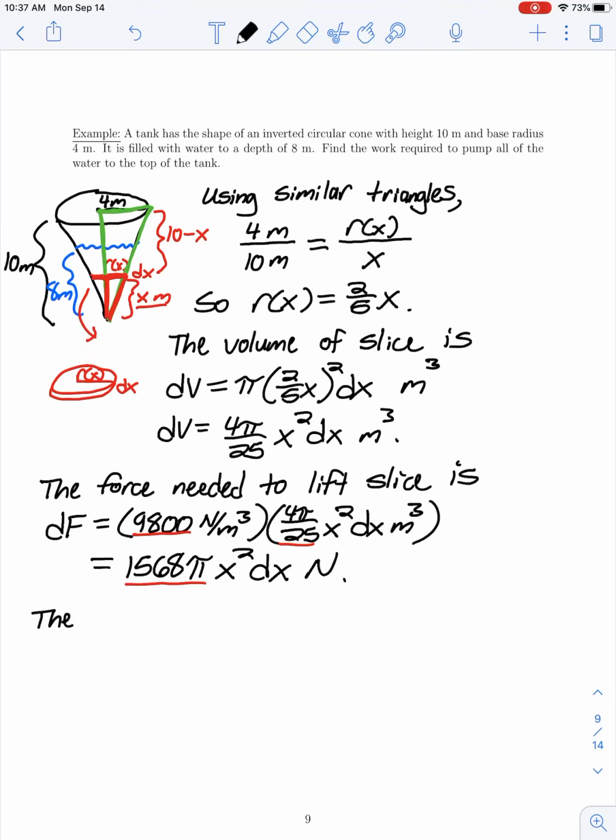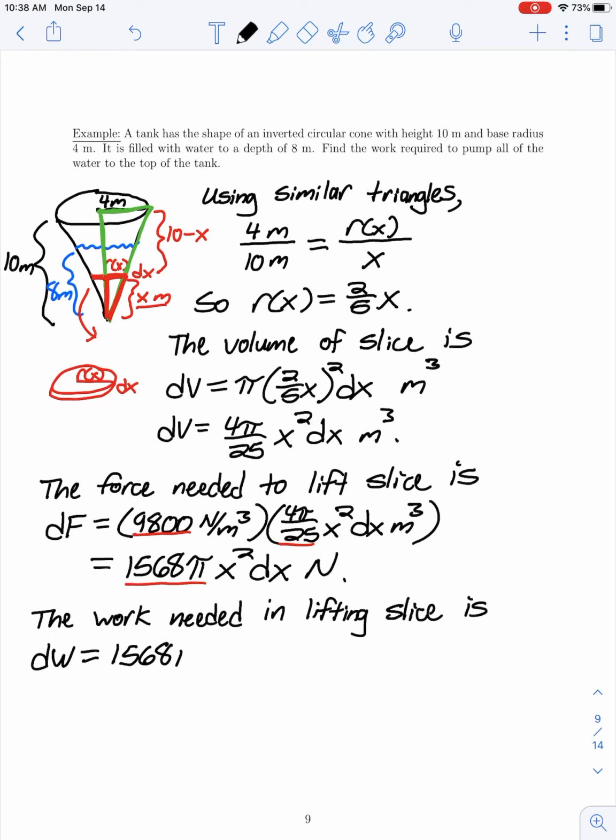So I can say the work needed, or the work done, in lifting the slice would be given by dW, which is found by taking my force, which was 1568 pi x squared dx newtons, and multiplying by the distance traveled, which is 10 minus x meters.